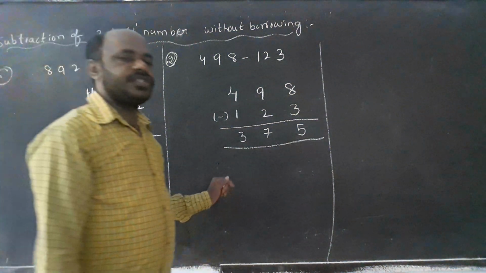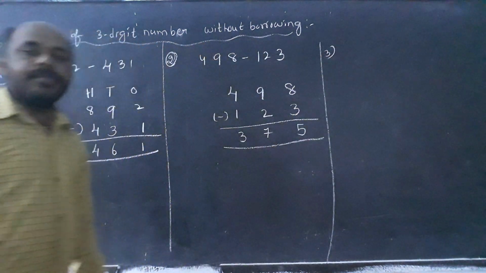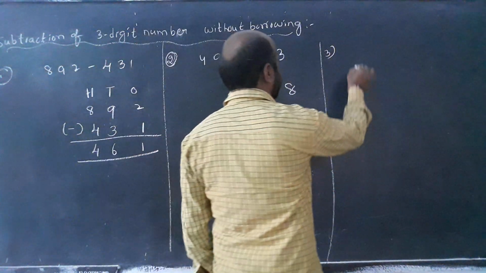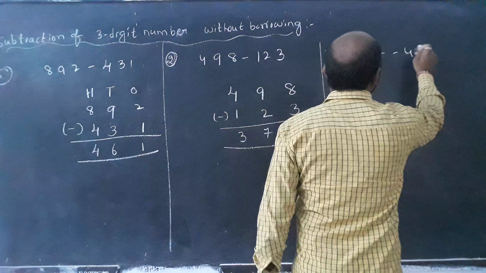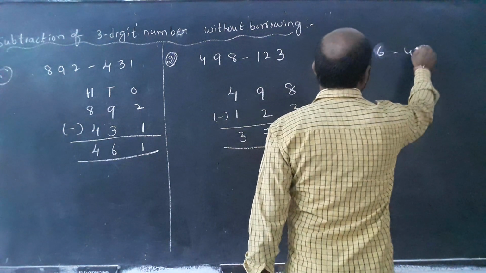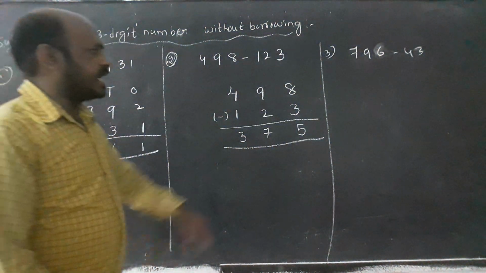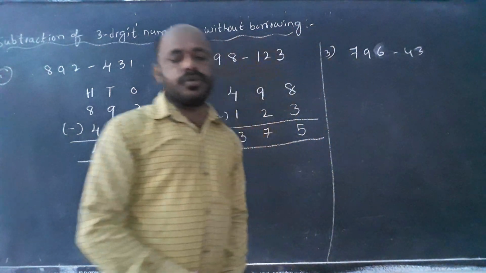The next one: the first number is a 3-digit number and the second number has 2 digits. How to do the subtraction? See here, 796 minus 43. The first one is a 3-digit number, the second one is a 2-digit number.